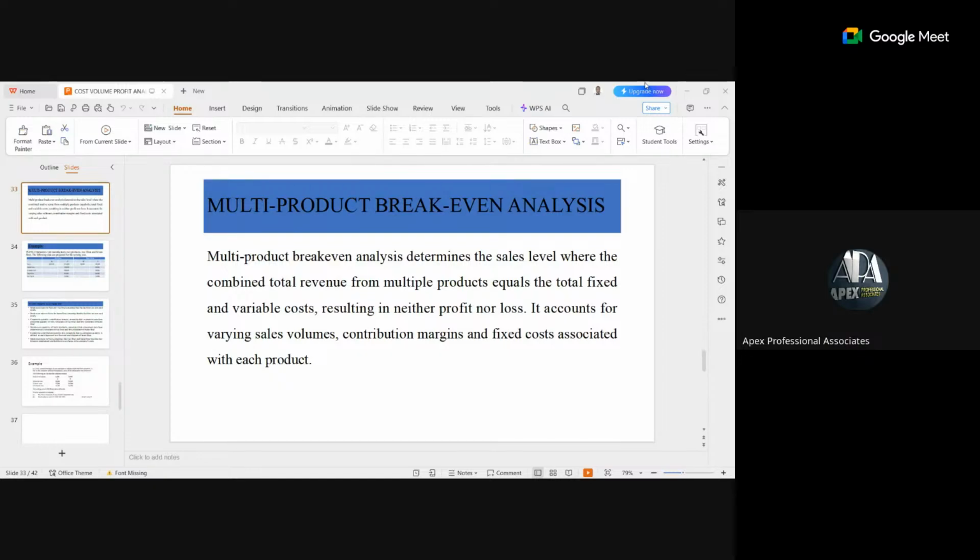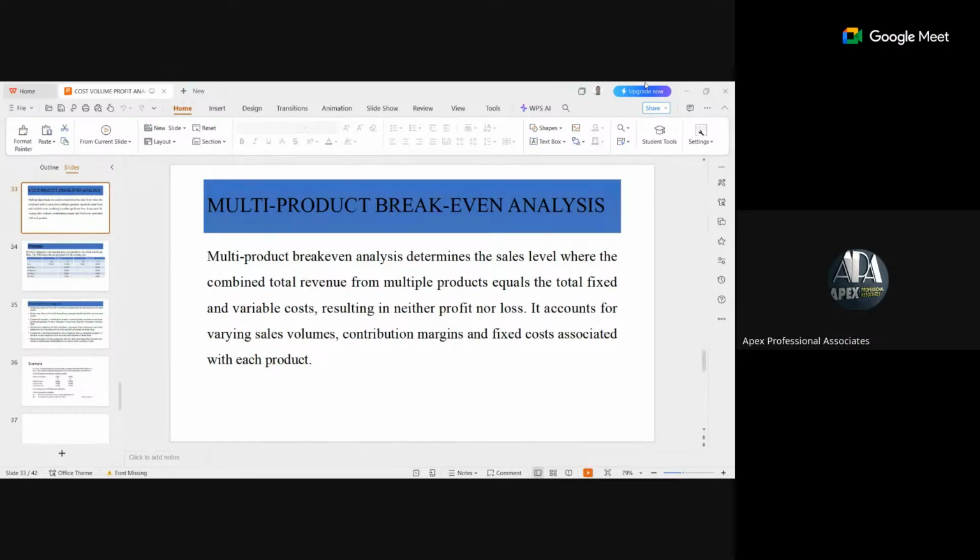This is a silent point again. Sales mix can be in percentage, for example 40% to 60%, or 70% to 30%.